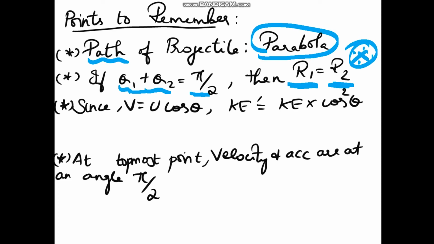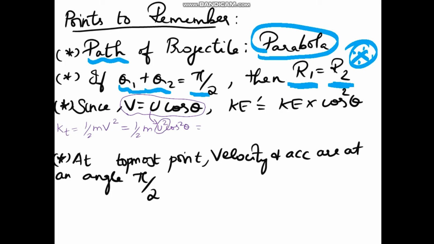Then I have said that v is equal to u cos theta. This is the first formula we learned in projectile motion in the previous video. We know that kinetic energy at time t is 1 by 2 m into velocity square, that is 1 by 2 m into u square cos square theta, substituting this formula here.